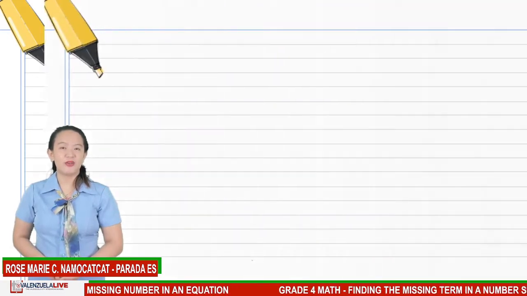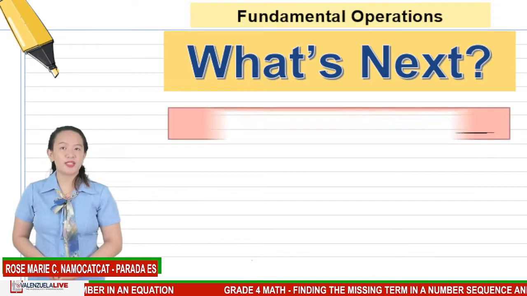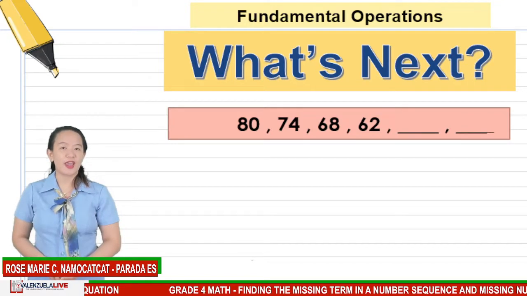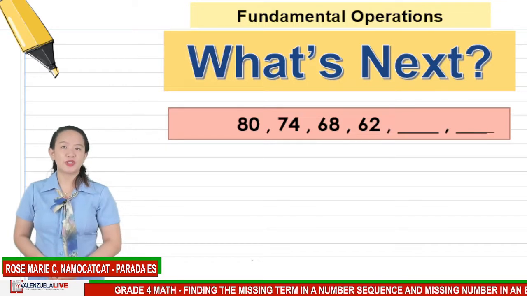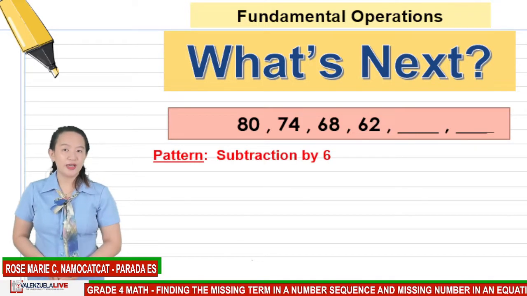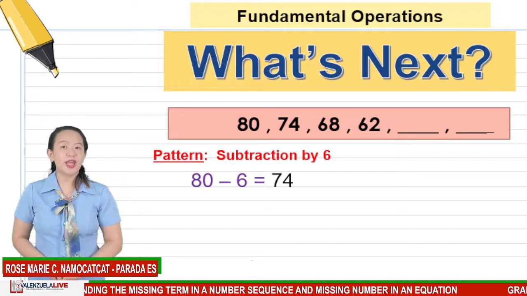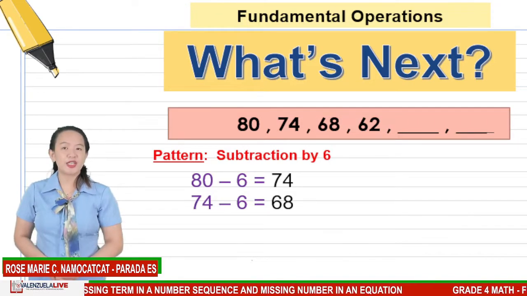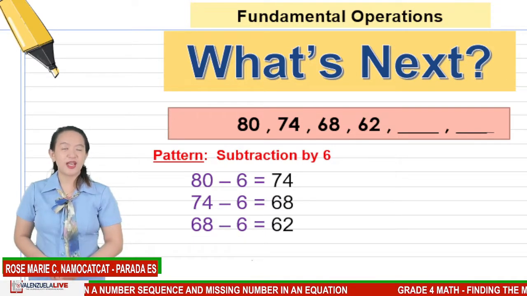Next, let's have another example, also in fundamental operations. What's next in the pattern? 80, 74, 68, 62, and then the 2 missing numbers. What is our pattern there? Our pattern is subtraction by 6. 80 minus 6 equals 74. 74 minus 6 equals 68. 68 minus 6 equals 62.